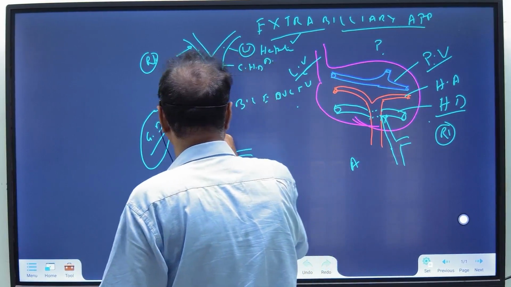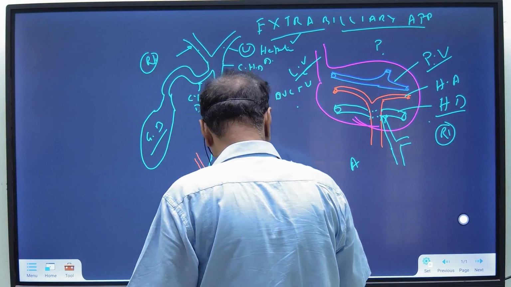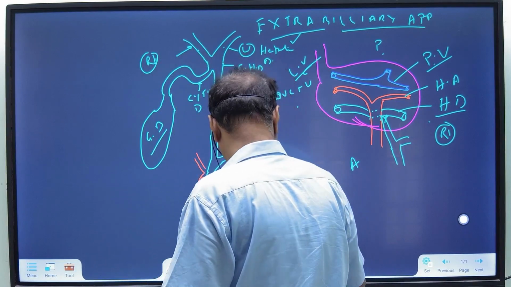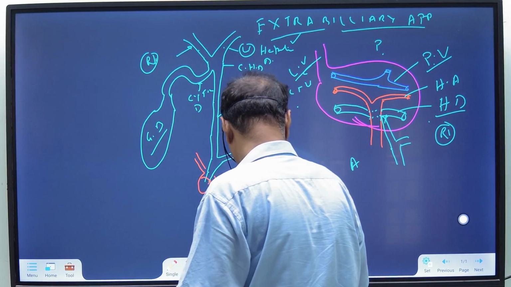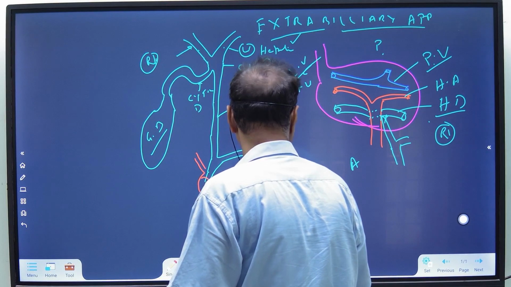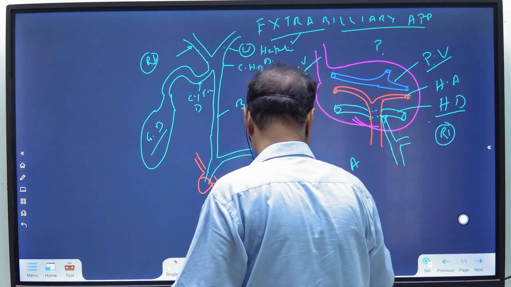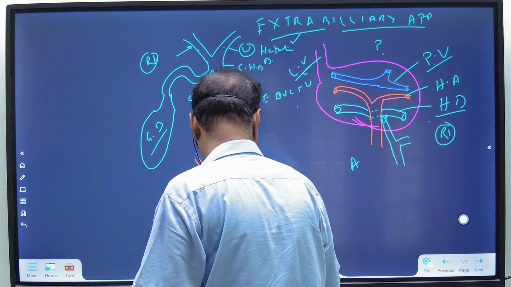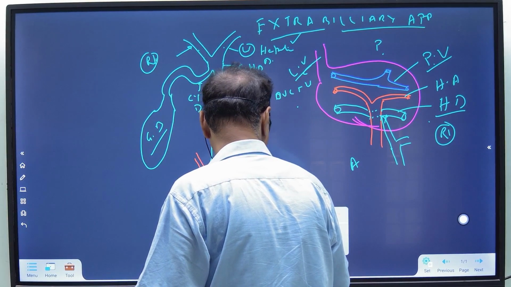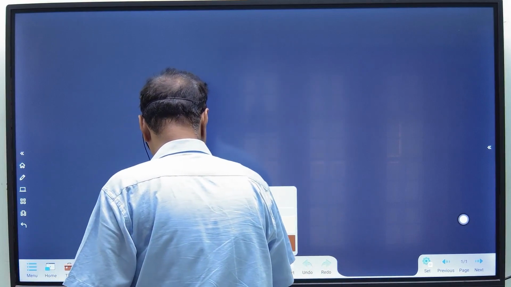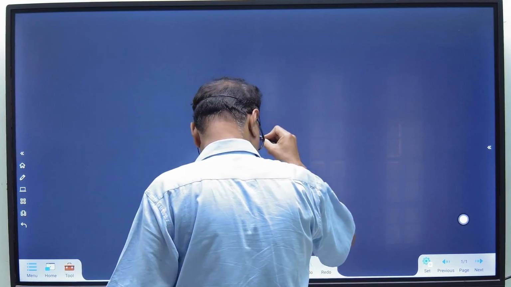Now we will see where the gallbladder lies. We will draw the diagram of the liver.